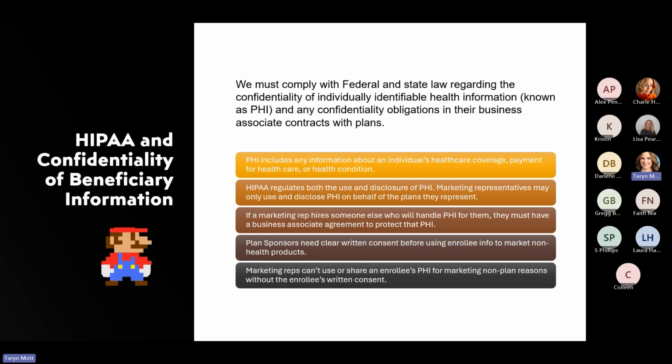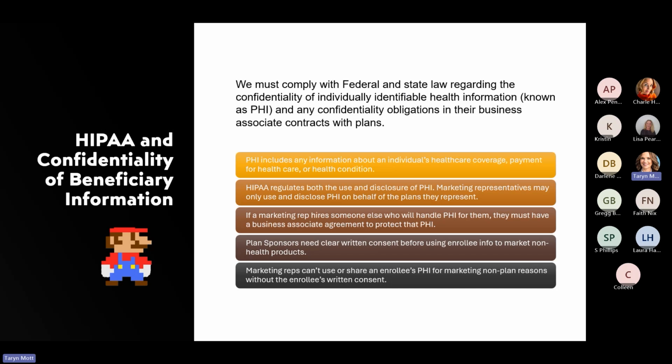PHI includes any information about an individual's health care coverage, payment, or health condition. HIPAA regulates both the use, and take a picture of this, guys, HIPAA regulates both the use and disclosure of PHI. Marketing representatives may only use and disclose PHI on behalf of the plans they represent.